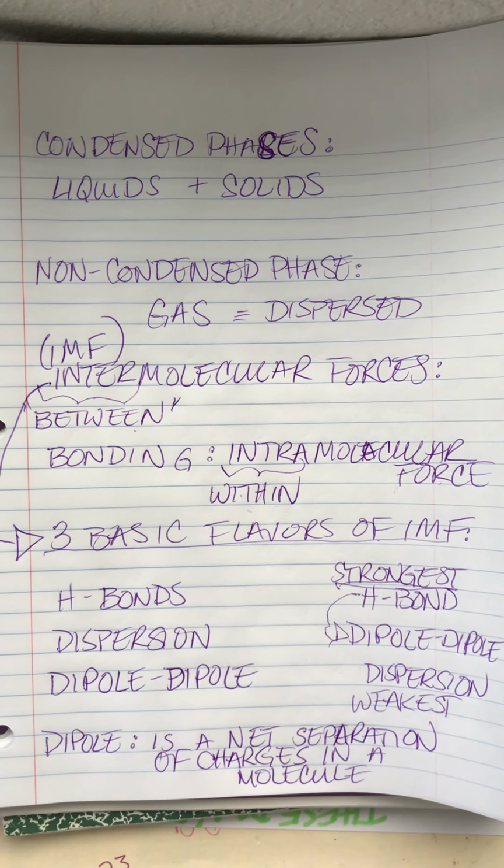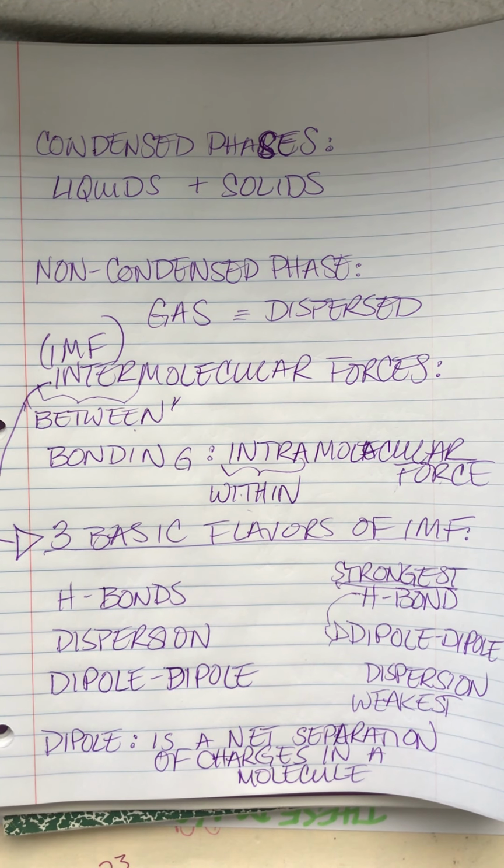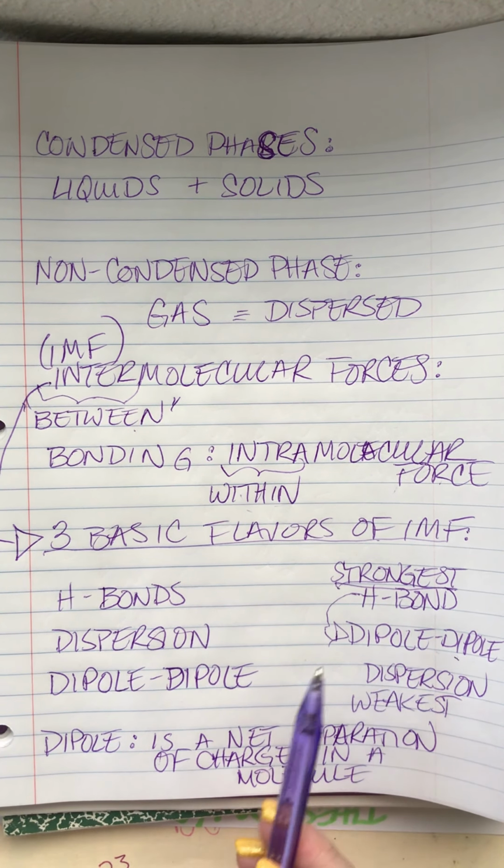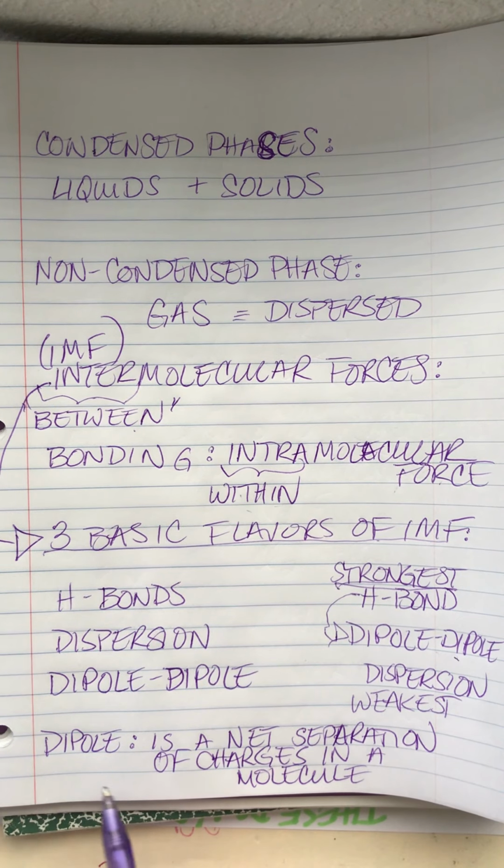So we can talk about a dipole when we're talking about polar bonds, but if the molecule is symmetric, then we don't have a net dipole. So dipole-dipole interactions can only occur in molecules that have a net dipole.